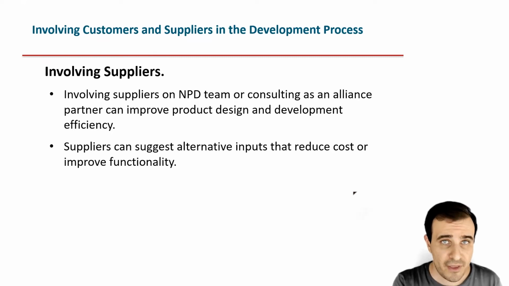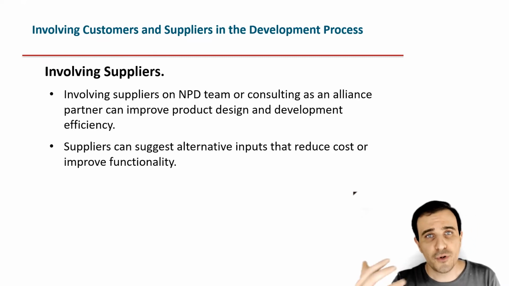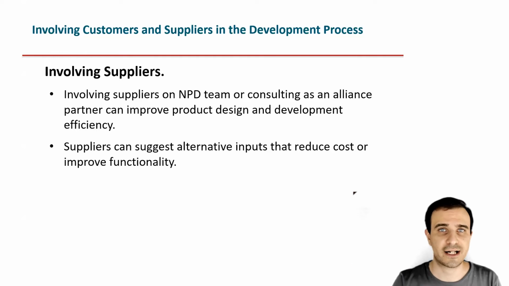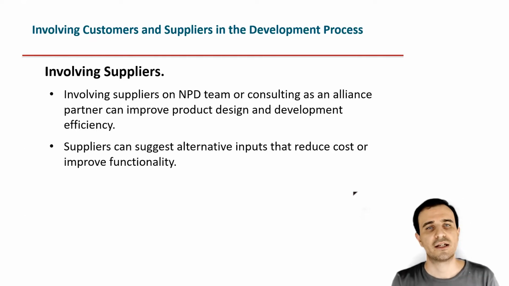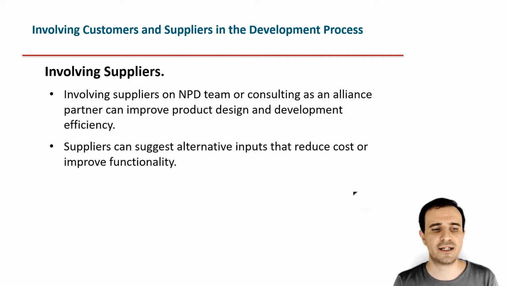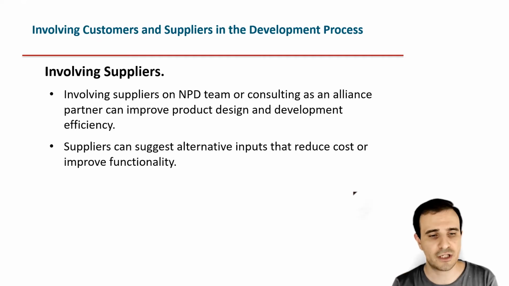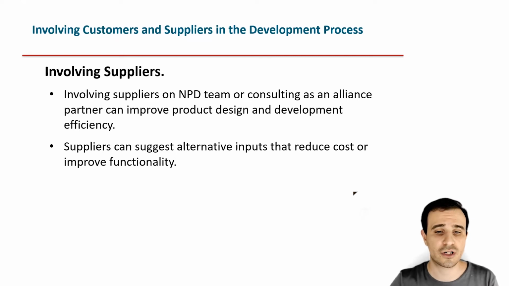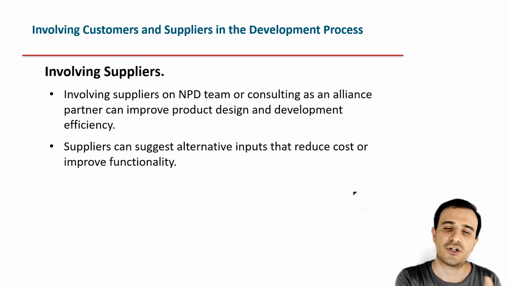One more method to improve the likelihood of success of a new product development is to involve suppliers. You can team up with your suppliers to work together on the product design and also on the development efficiency. Generally, suppliers can come in with alternative inputs.